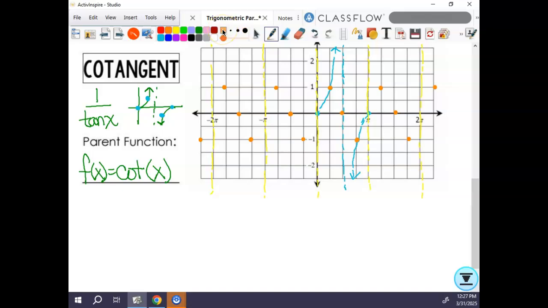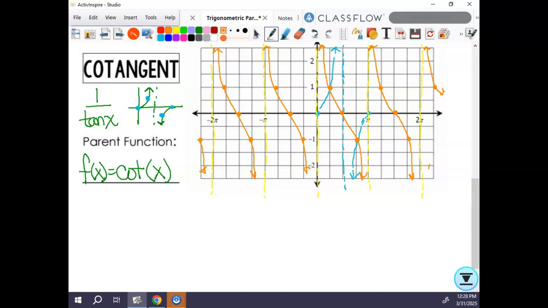So they look like little cubic functions, even though they're not. They have that look to them with the point of inflection. And then there's your cotangent.